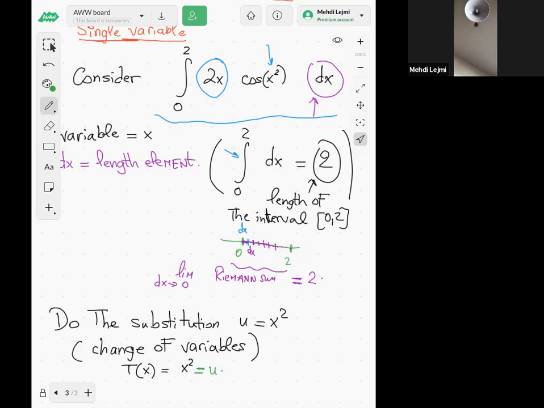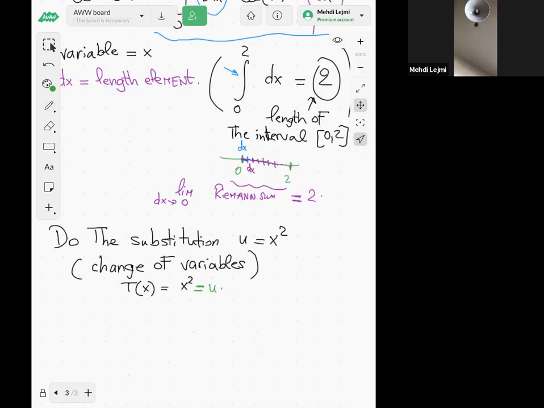Anyway, so now when you compute the derivative, we want to do this substitution using x squared. That's excellent. But then if you take the derivative of u, u is equal to x squared, right?